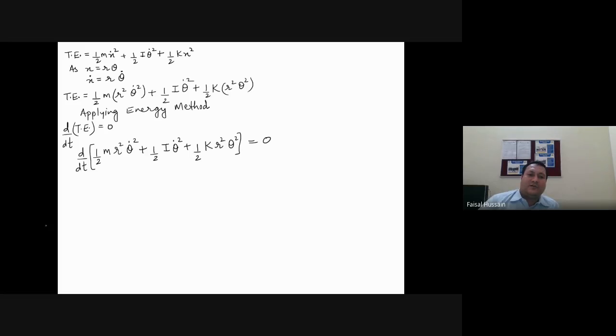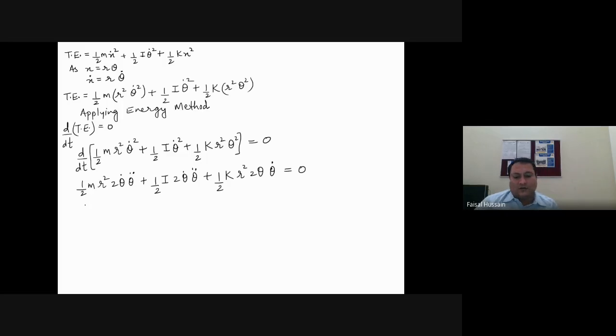Now differentiate it. While differentiating, it will be half m r square twice theta dot theta double dot, then half I twice theta dot theta double dot, plus half k r square twice theta into theta dot, which is equal to what?